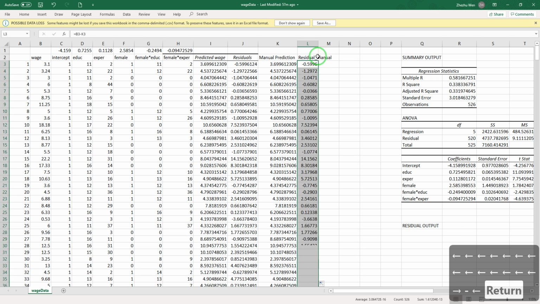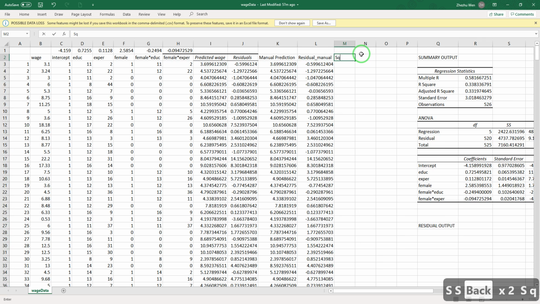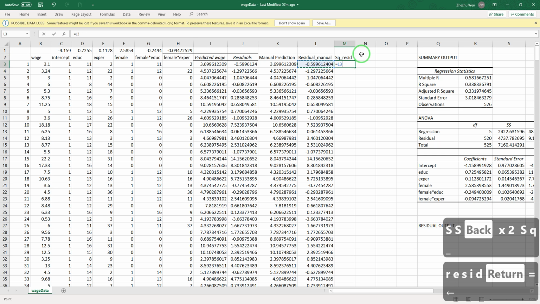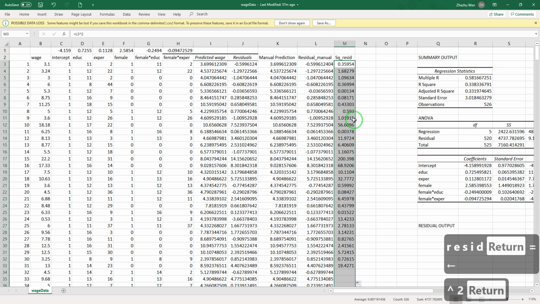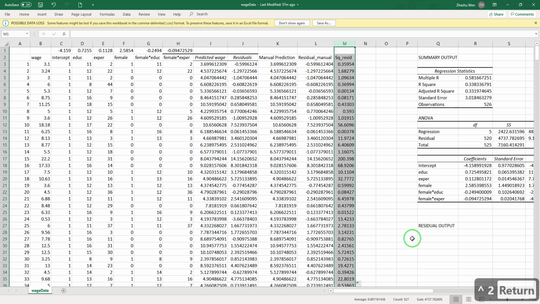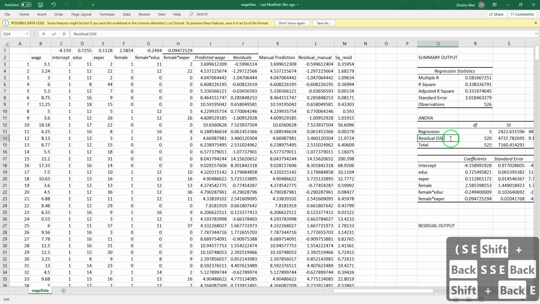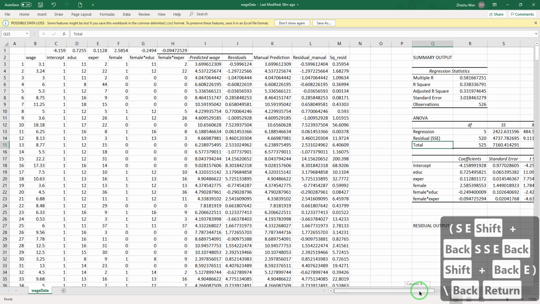Your residual should have the same value. We'll also do the square of the residual, like this. So this quantity here added together should be exactly the same as this quantity right here, the sum square of your residual, or what I used to call SSE. Okay. So yeah, this is pretty much it.